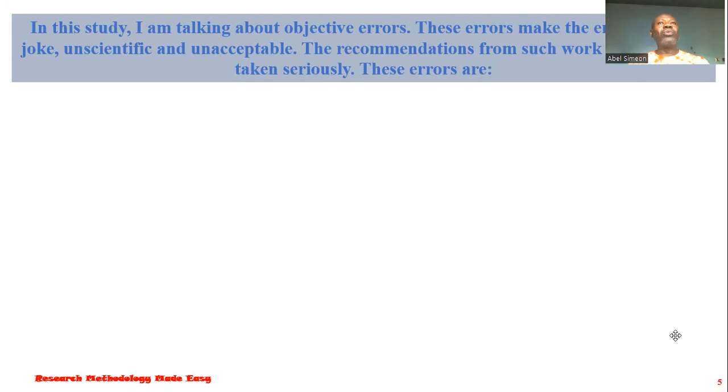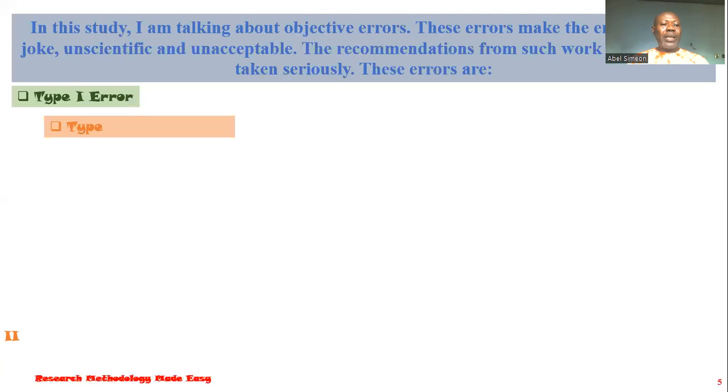The recommendation which will come from your result of analysis will not be taken seriously. What are these errors? Number 1, type 1 error. Number 2, type 2 error. And number 3, type 3 error.